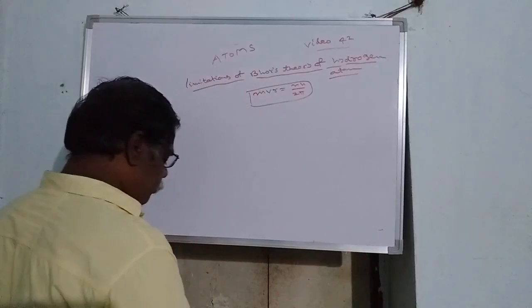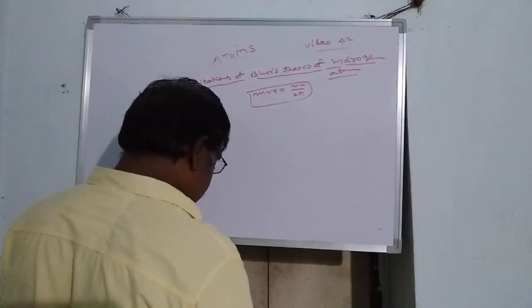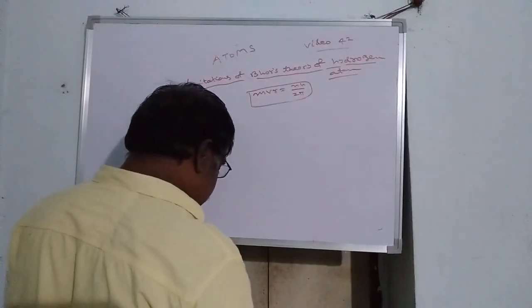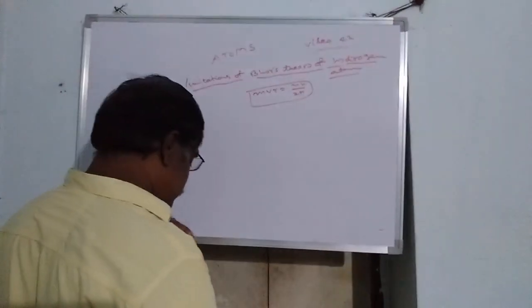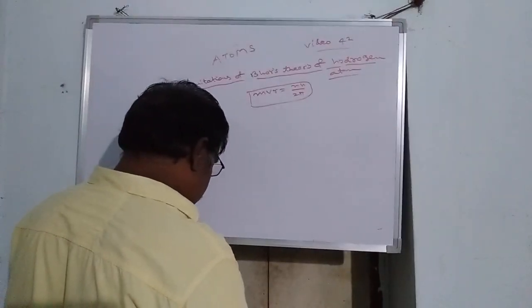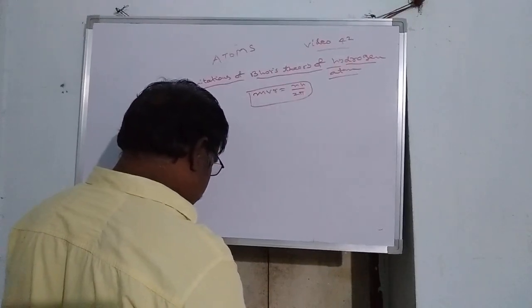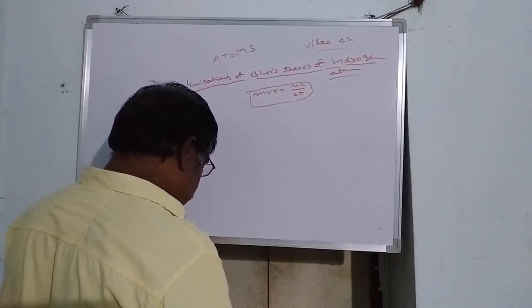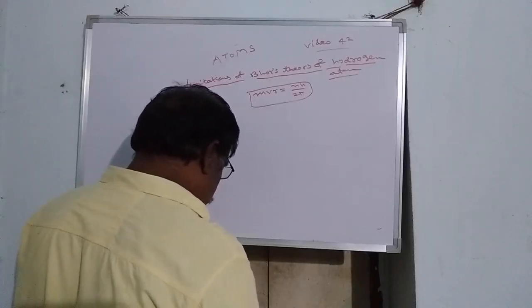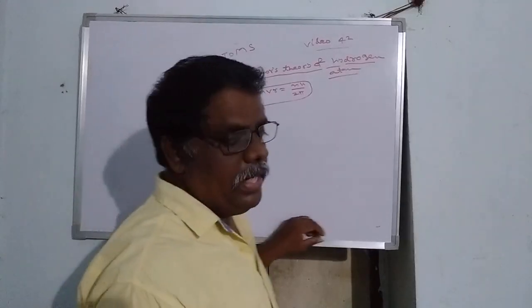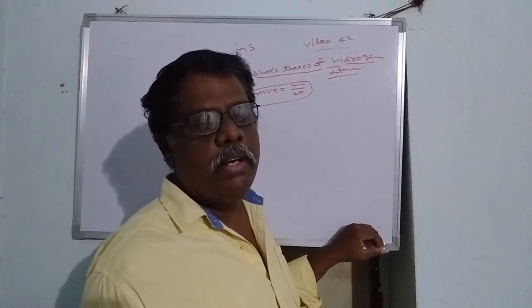Third limitation, it does not say anything about relative intensities of the spectral lines. Intensities of spectral lines were not studied. Another one, the last one, this theory does not take into account the wave properties of the electrons. It cannot say anything about wave properties of electrons.